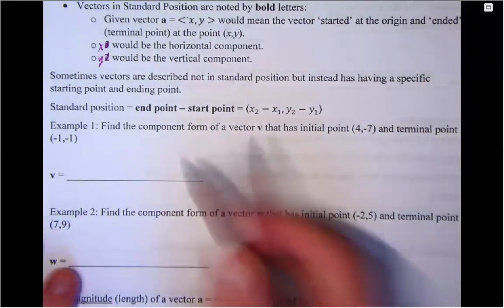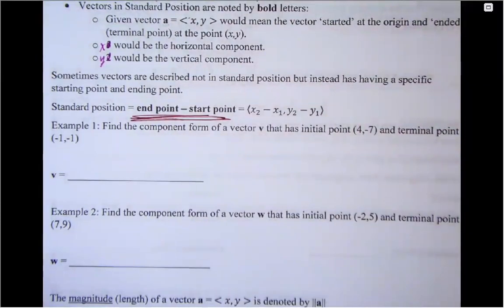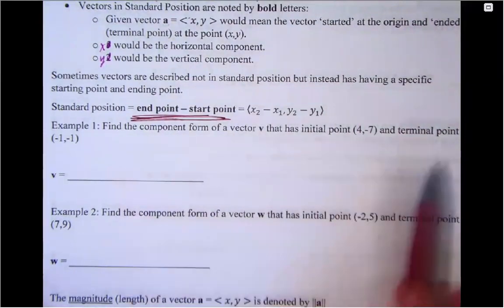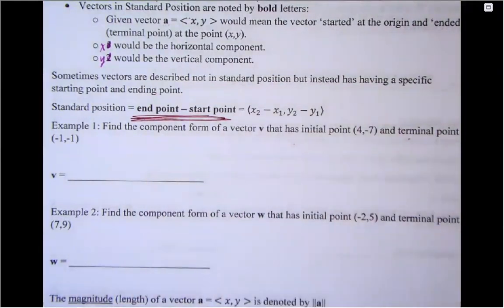The way we do that is the end point minus the start point. The fancy names for end and start are terminal and initial. They mean the same thing, but always remember it's end minus start. You just subtract the x's and subtract the y's.